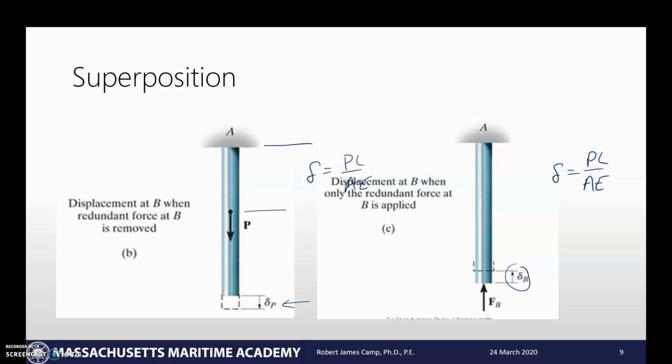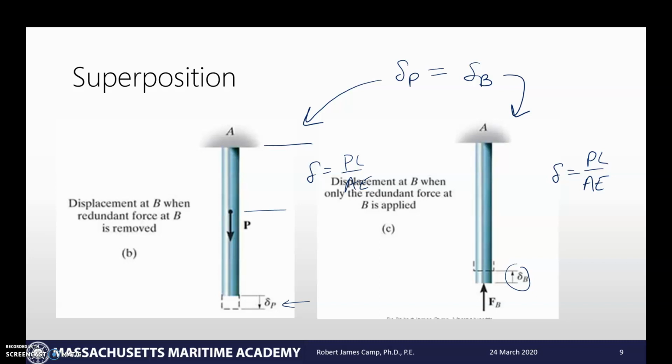Now, where we're going to equate this is, I have that deflection of P, from this one here, where I'm pushing it out beyond the wall. And then from here, I've got this deflection at B, where I'm basically pushing the bar back in. Those two have to equal each other. And then I can solve the problem with my redundant load.